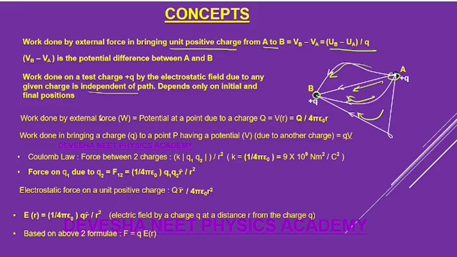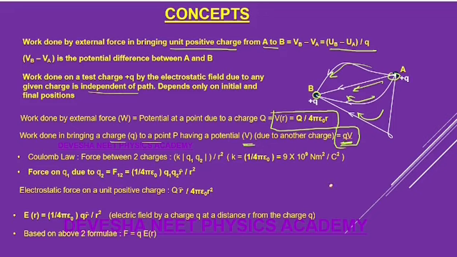Now, what is the value of this? This is Q by 4 pi epsilon R, and now we'll have to start remembering some formulas. The work done in bringing a charge to a point having a potential V: if there is any charge, there will be an electric field and a potential due to that charge. If you have to bring a charge closer to it, the work will be Q into V, where Q is the charge being brought.